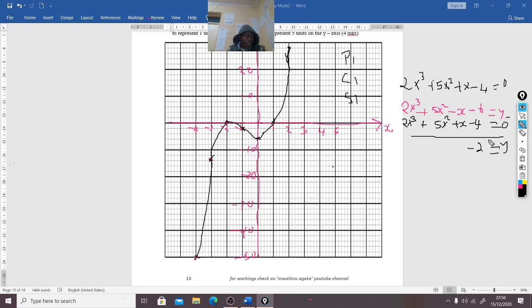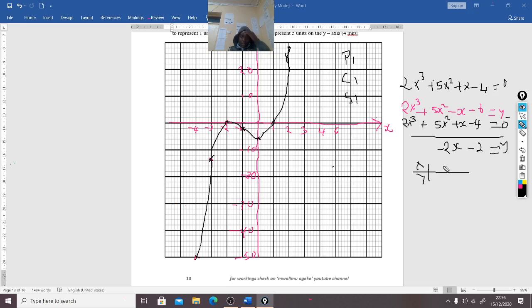If I have negative 2, then I need negative x, so it is negative 2x. And now I make a straight line for this one. To make a straight line here, I make a small table of x and y.